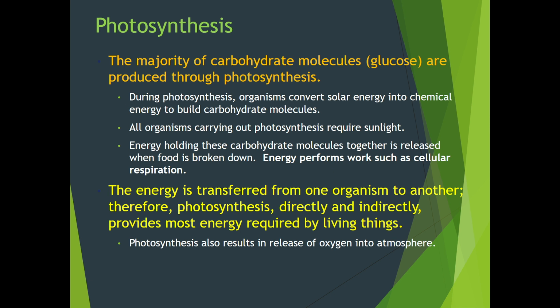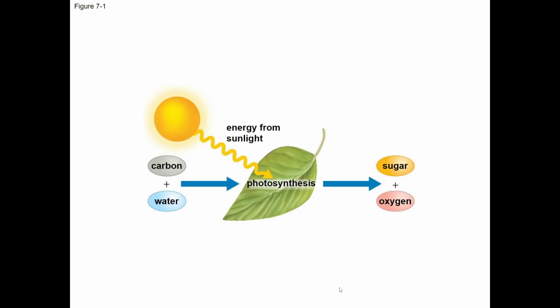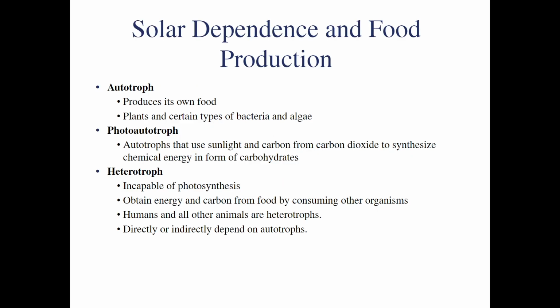Photosynthesis also results in the release of oxygen into the atmosphere. Here we can see a simplification of the chemical equation for photosynthesis. We see that sunlight is required to convert carbon dioxide with the help of water into glucose or sugar and oxygen. Oxygen is actually considered a byproduct of photosynthesis.